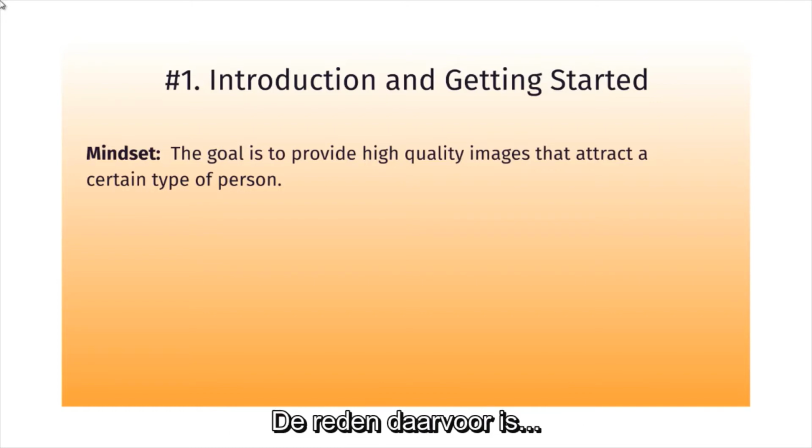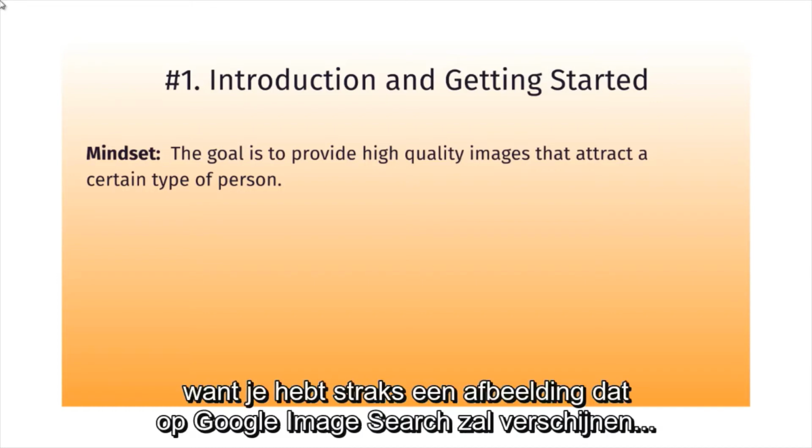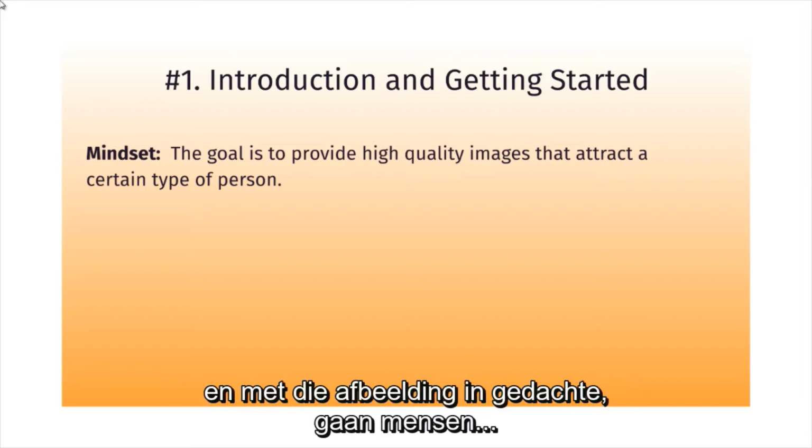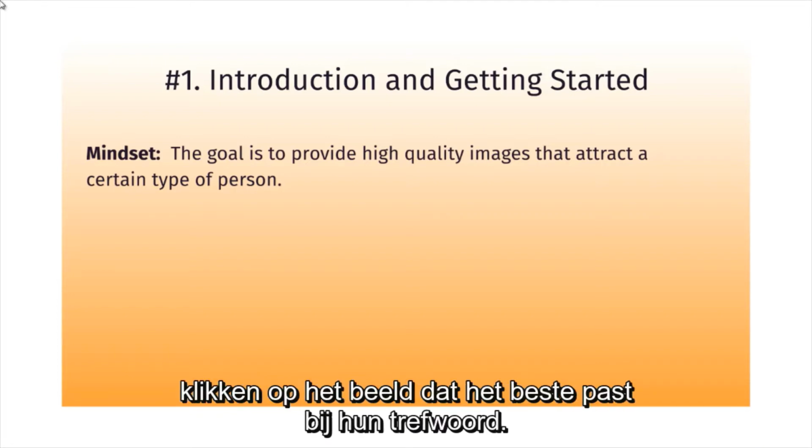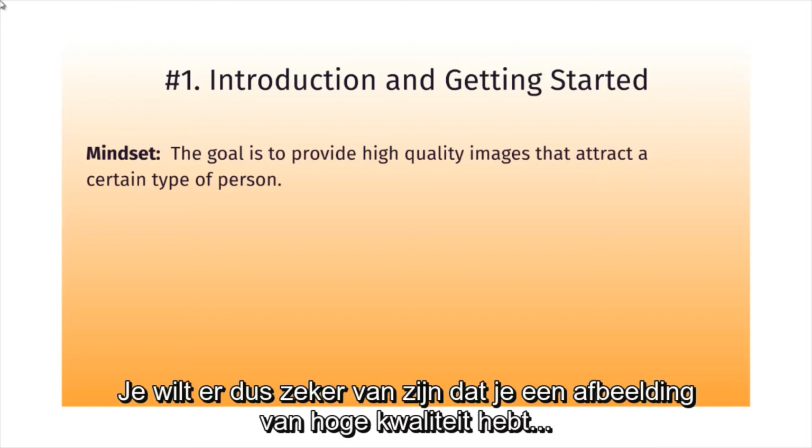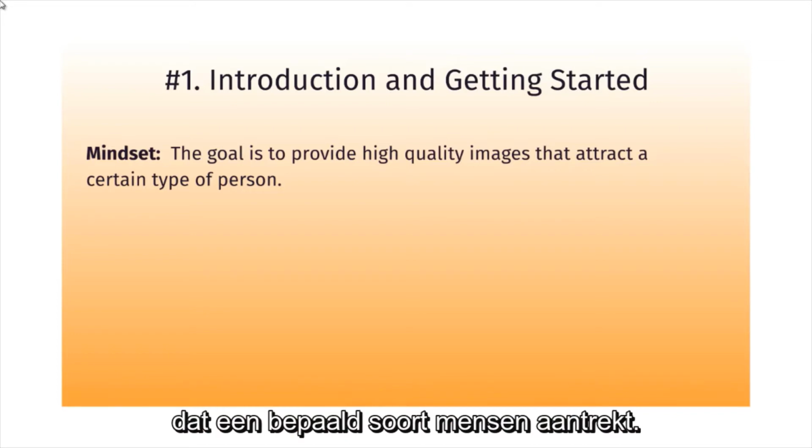You're going to have an image that shows up on Google image search, and with that in mind, people are going to click on the ones that best fit that keyword. So you want to make sure that you have a high quality image that attracts a certain type of person.